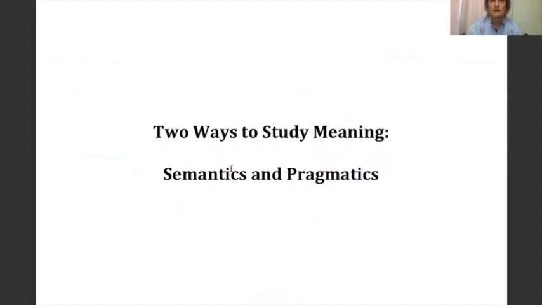In this class today, we're going to go through a little bit about what semantics is and what semantics is not, and give an overall view of how to approach the subject of semantics. For starters, there are two different ways that we study meaning that are both looking at meaning as the meaning of language.